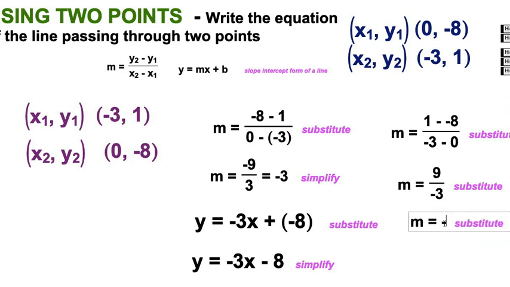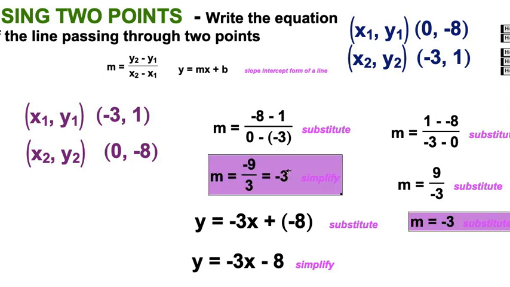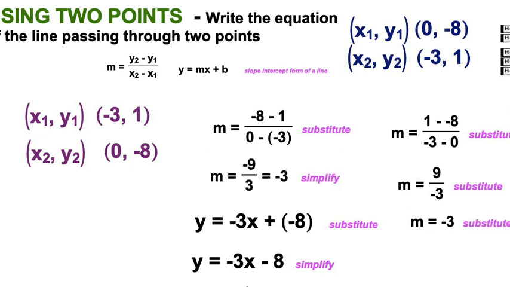I still have -3. So you see, I got the same slope regardless of the order in which I selected the 2 points to be x1, y1 or x2, y2. So you decide how you want to do it. Or you just pick them at random. It'll always come out the same.